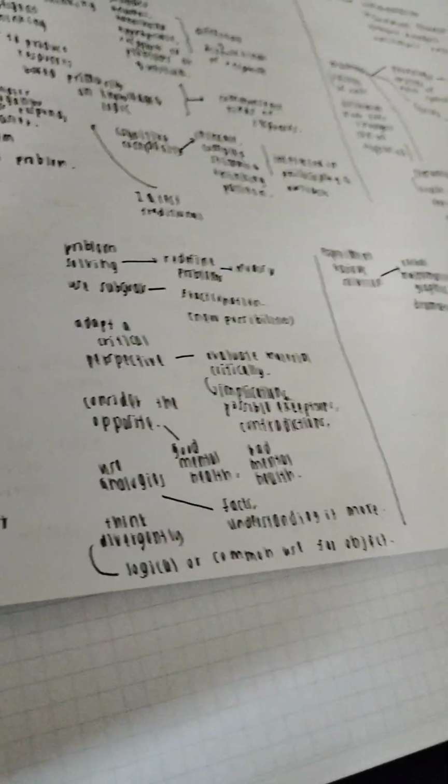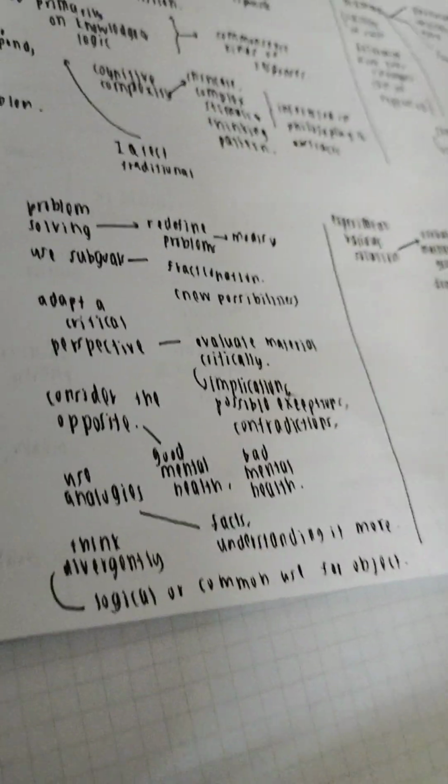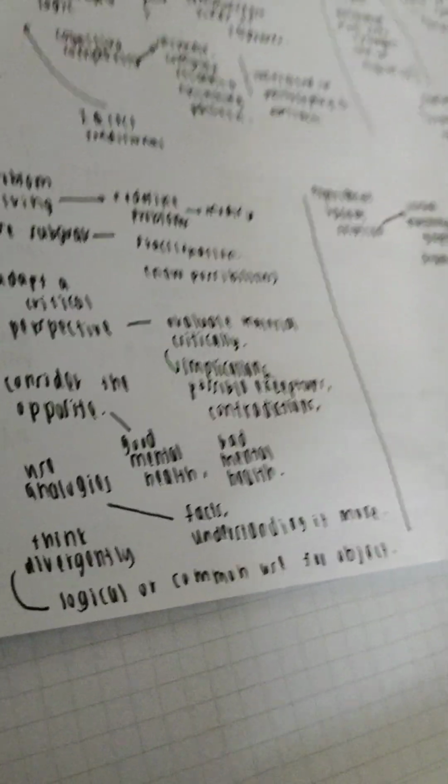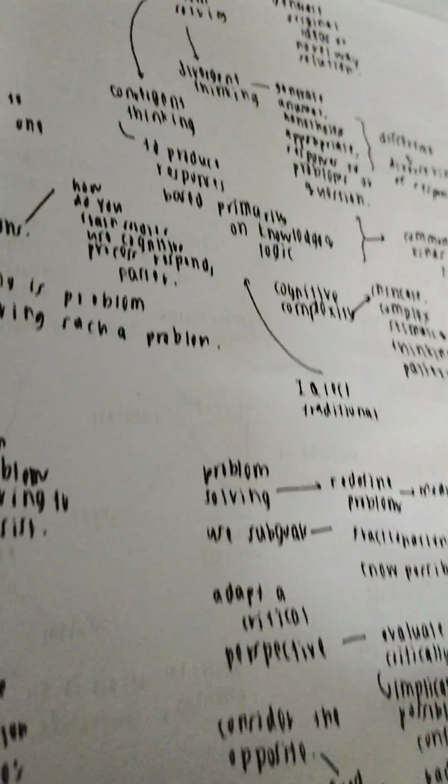They want the positive impact, for example, where you don't know. Instead, you can give the bad side of it. So when you compare the bad side, you will automatically understand the good side. Reverse it. And then use analogies, which means you use facts and statistics to understand it more. Meaning for analogies you need to read a lot of books. And lastly, think divergently, which is logical. You still need to think divergently.